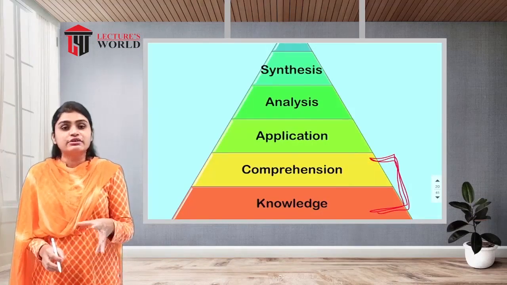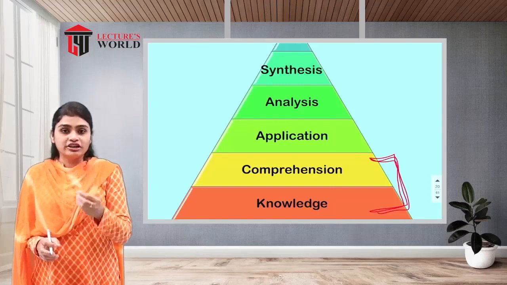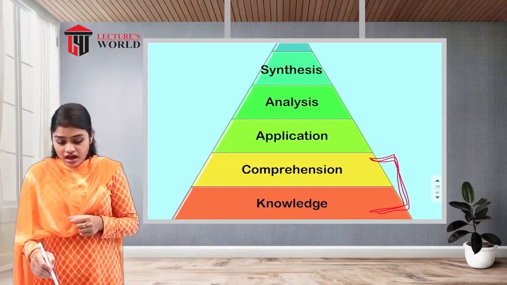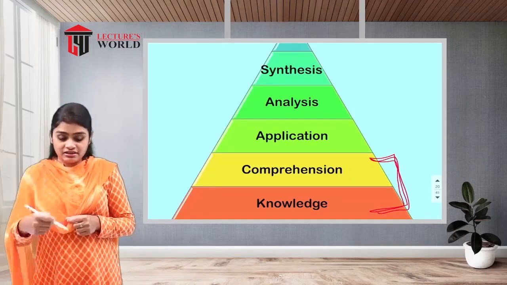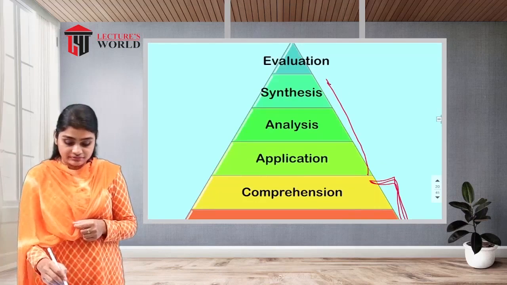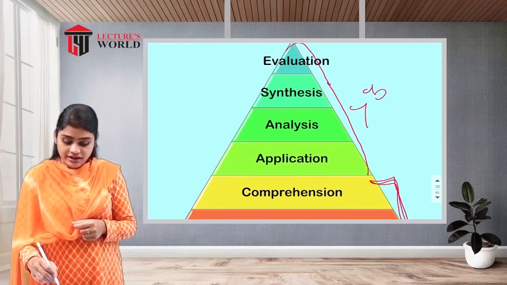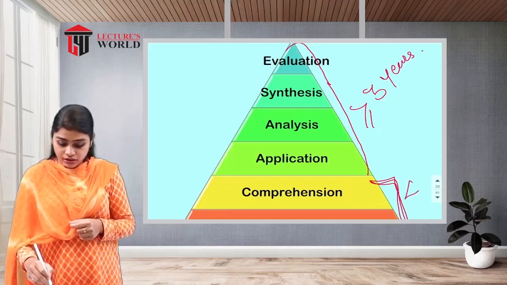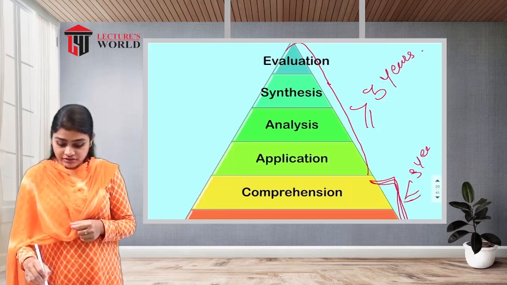These 2 levels only will be used by the toddler or by the infant below the age group of 3 years. After the age of 3 years, the children are going to use all the rest of the levels. So that is greater than 3 years of age, and this is below the 3 years of age.